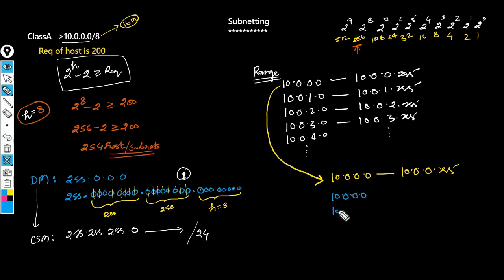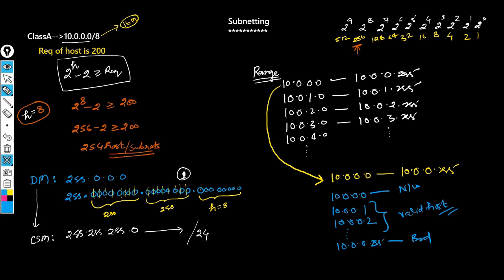This is your very first IP address. This is second. Like this it will keep on going till 255, which is the last one. And this one is considered as your network ID. This one is considered as your broadcast ID. In between, the rest is going to be your valid hosts.